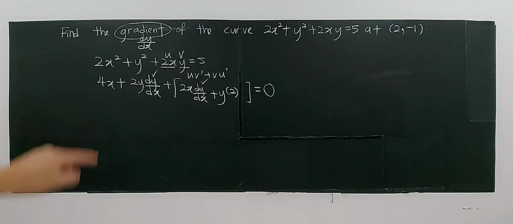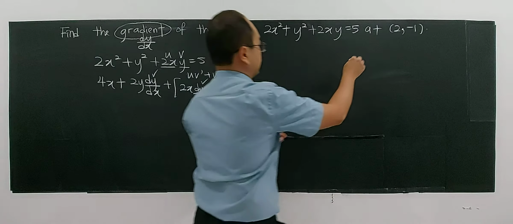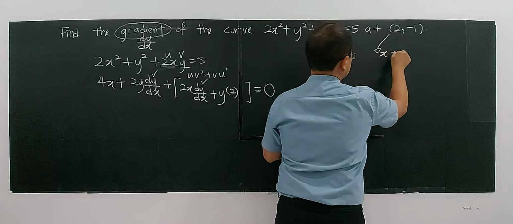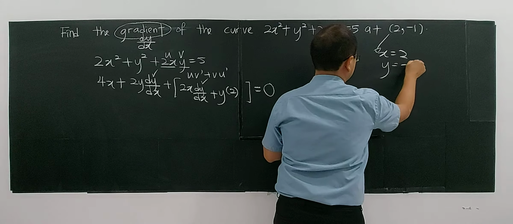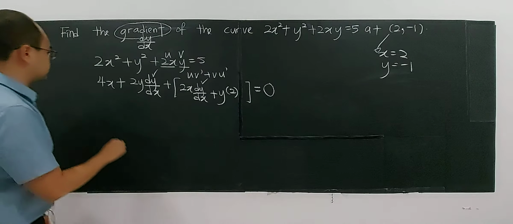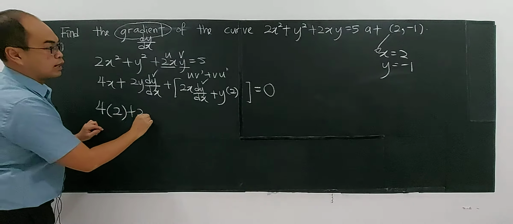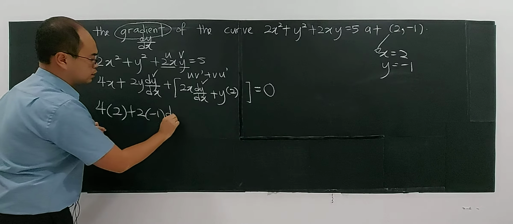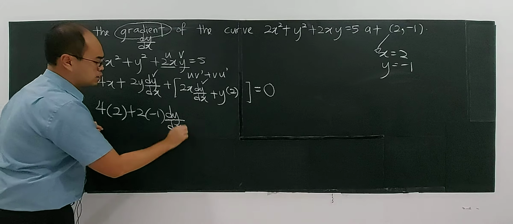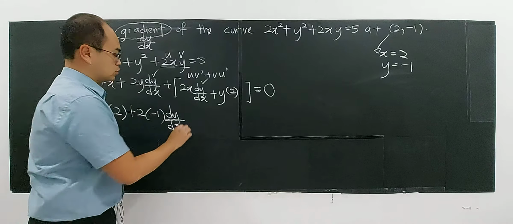At this point x is 2 and y is -1, so you just substitute x with 2 and y with -1. It's much easier, you directly evaluate this whole thing.